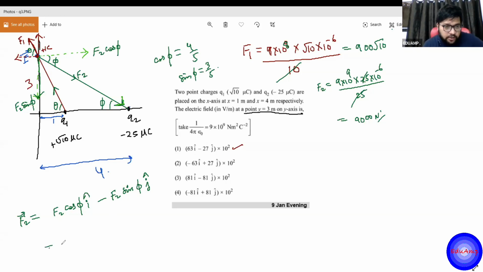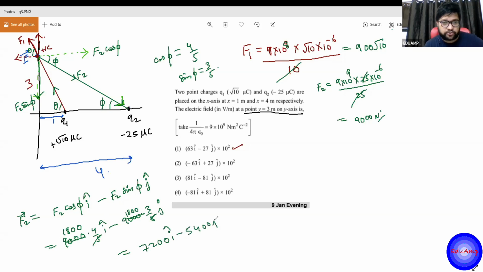So F2 is 9,000 times 4 by 5 i cap minus 9,000 times 3 by 5 j cap. Now you can cancel it. So this becomes 7200 i cap minus 5400 j cap. So this is the force vector F2.